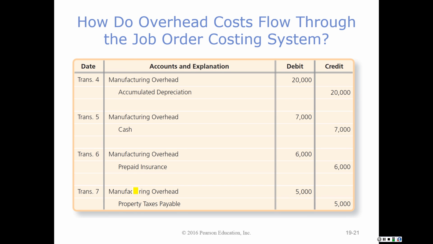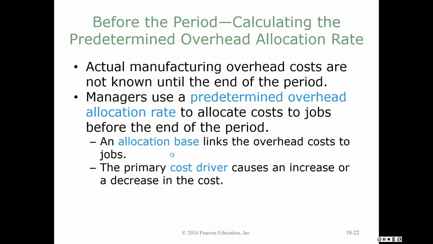So we see that in each case, we don't know what job the depreciation or the utilities or the insurance is going to, so we simply debit manufacturing overhead. But manufacturing overhead on its own doesn't get moved into work in process or finished goods easily. So we have to come up with what your book calls a predetermined overhead allocation rate.